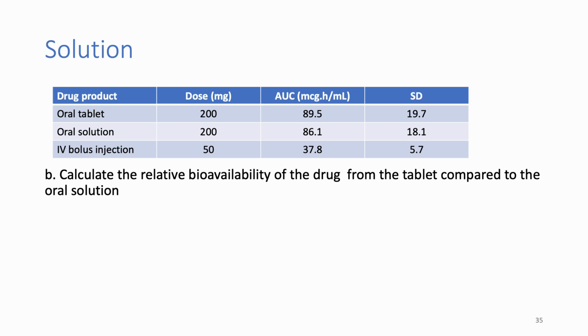The next question is to calculate the relative bioavailability of the drug from the tablet compared to the oral solution. So you have F relative equal to the AUC of the tablet divided by the AUC of the solution.